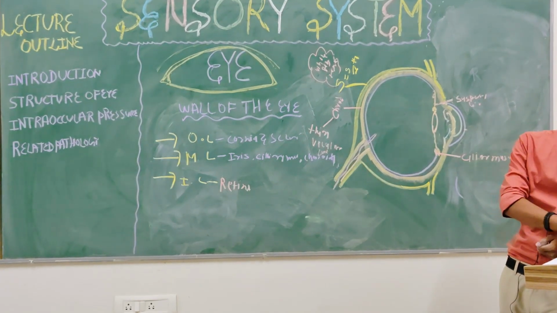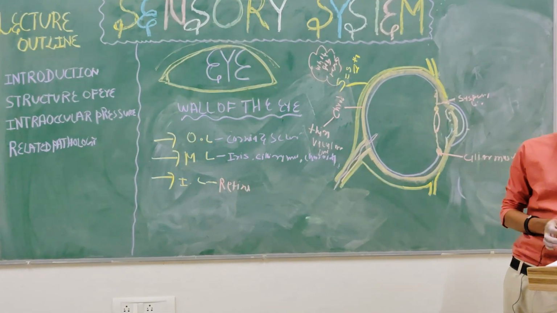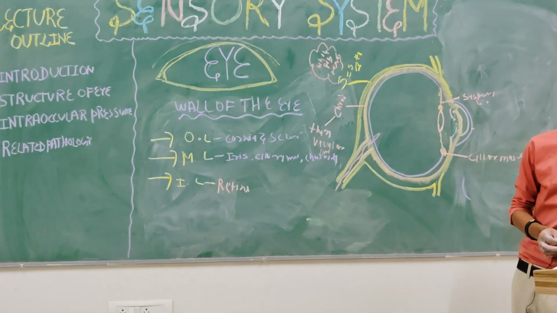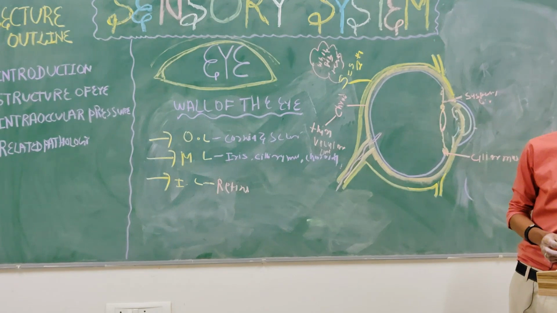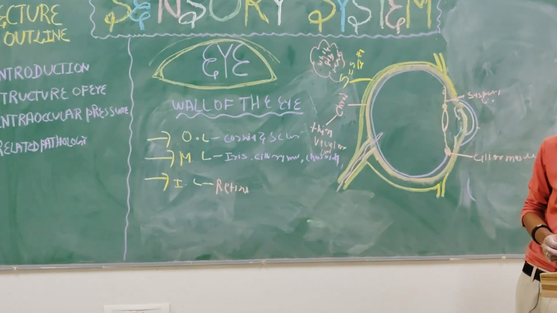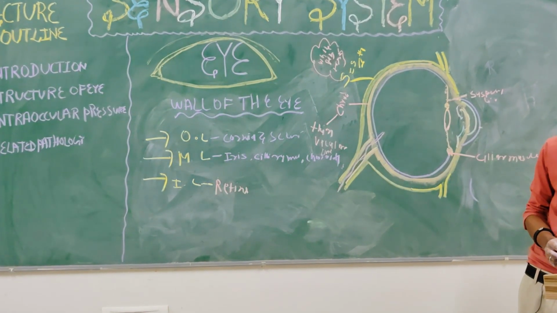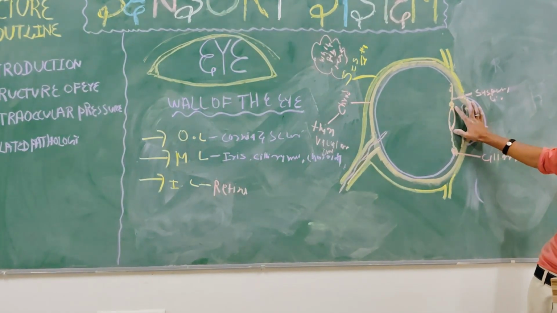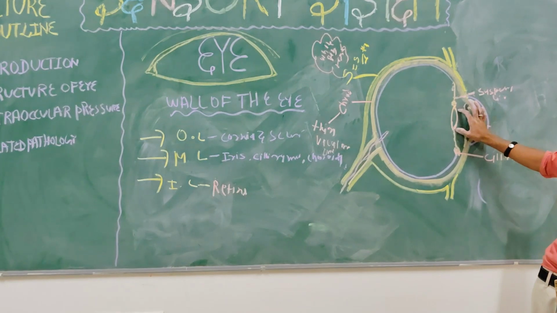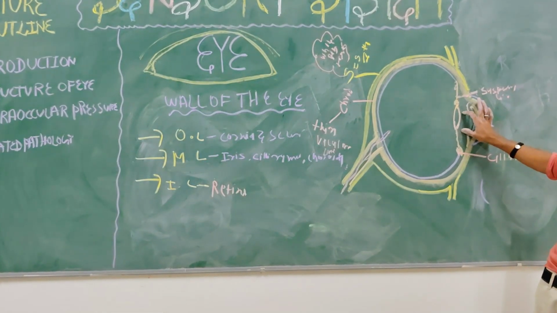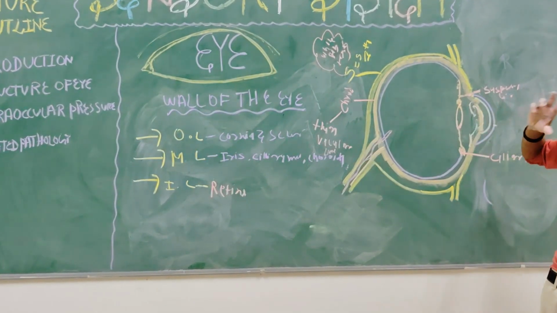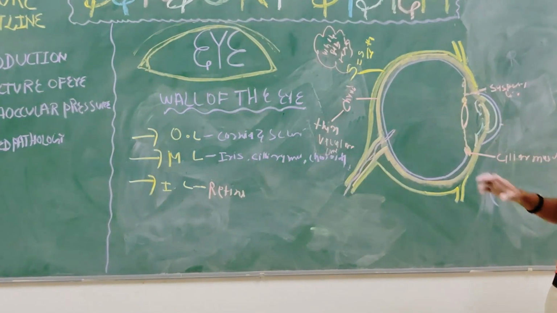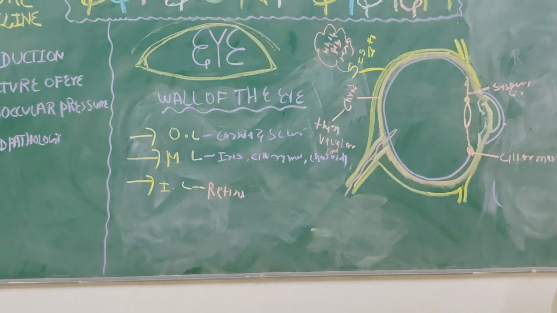The second point about the ciliary body is that it consists mainly of three parts. Write down the names: the first is the orbiculus ciliaris, the second is the ciliary body proper, and the third is the ciliary processes. Later in the lecture we will study how they help in dilation and constriction of the lens while adjusting to see an object.